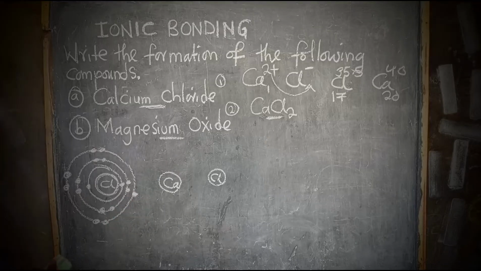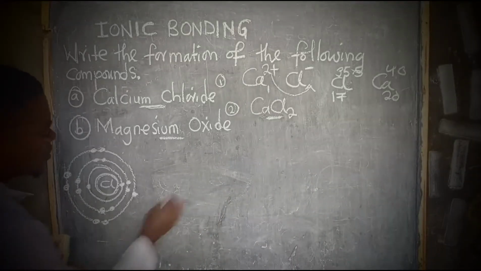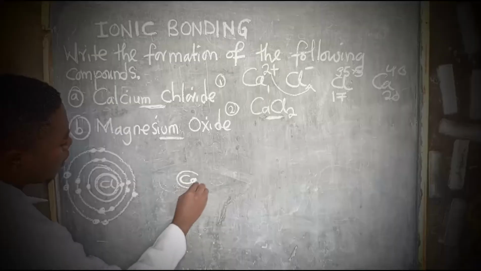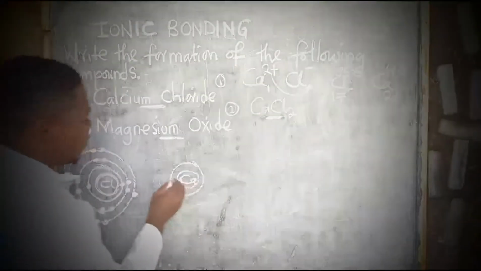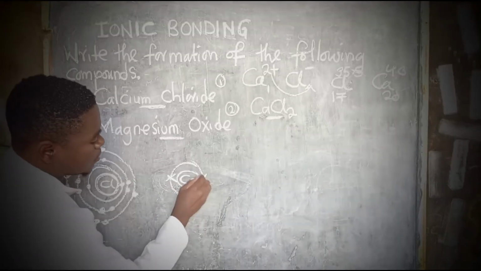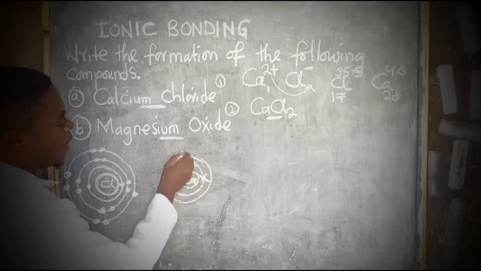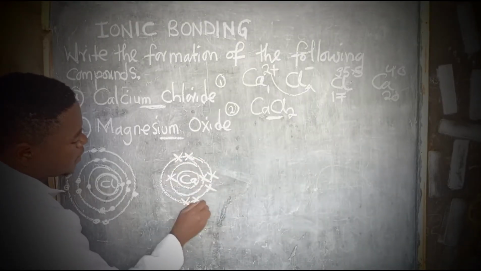Let me separate this so I have some space. For calcium, in the first shell I put 2. To differentiate, I use stars for the second one. In the second shell I need to have 8.